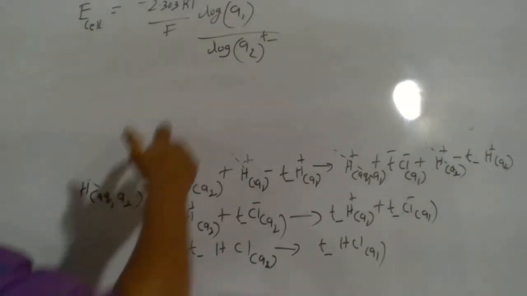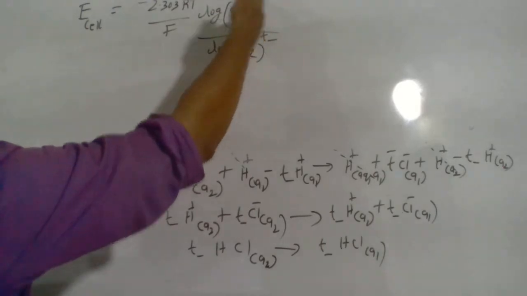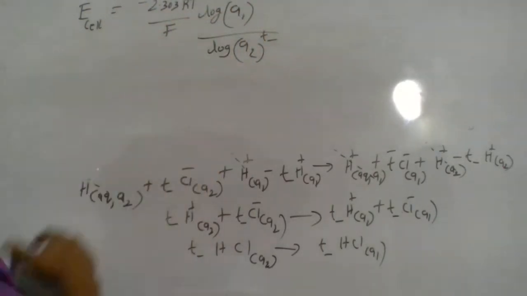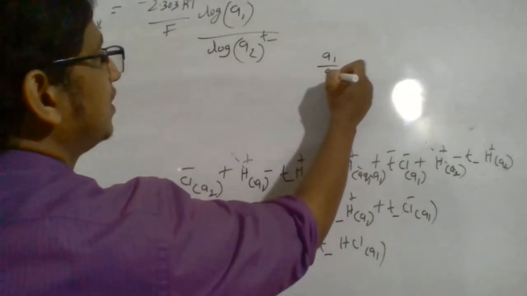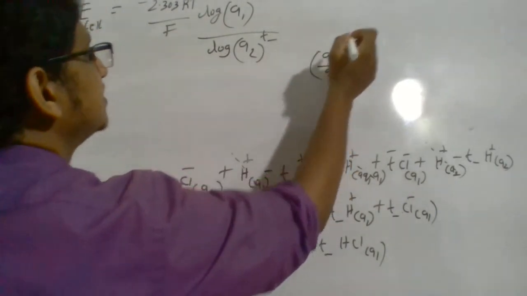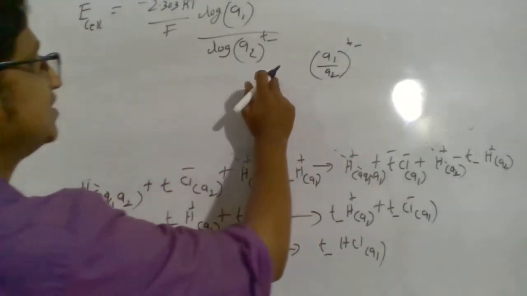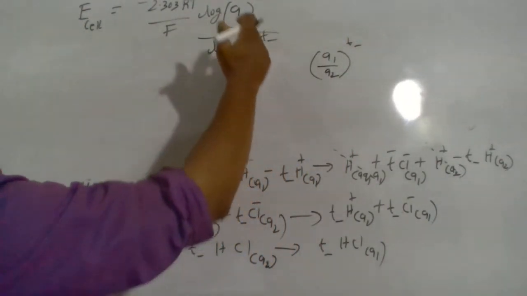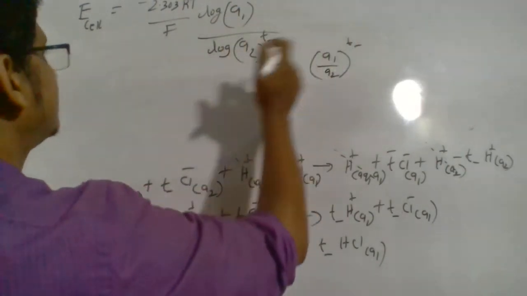So log A raised to something will always equal the power coming to this side. So we can write this part like this, A1 by A2 raised to t minus. One thing you can remember, t minus will come to this side and log you can simplify like this, log A1 by A2 raised to t minus.